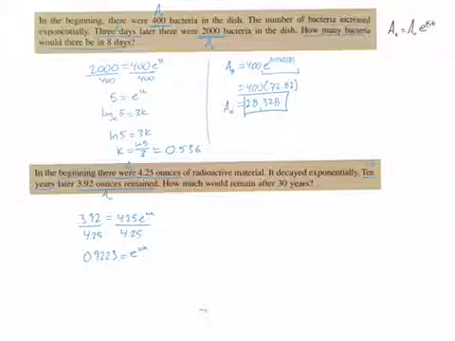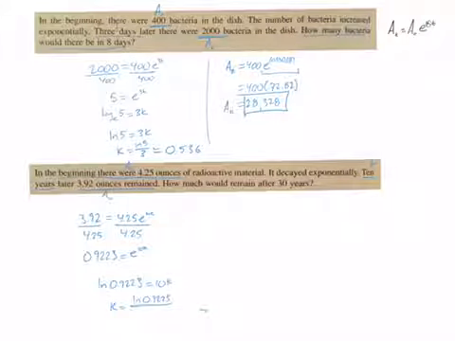Changing into logarithmic form, the natural log of 0.9223 is equal to 10k, which means k is going to equal the natural log of 0.9223 divided by 10, which is approximately equal to negative 0.008.